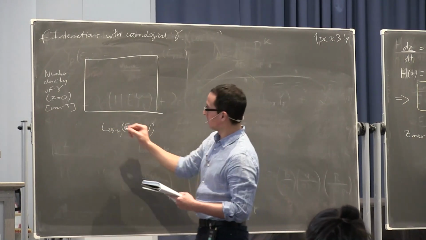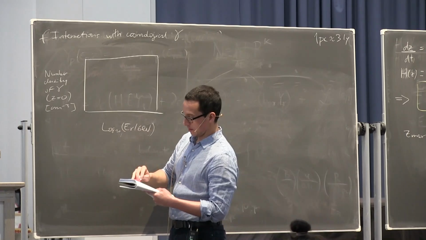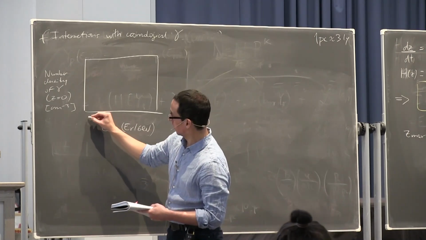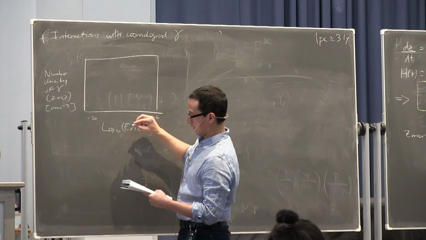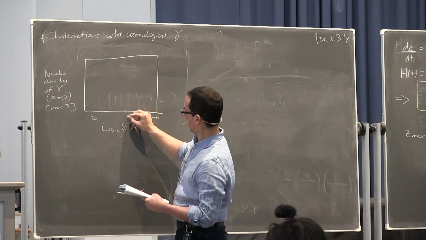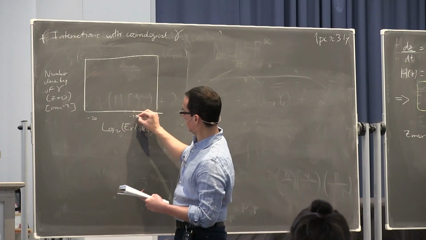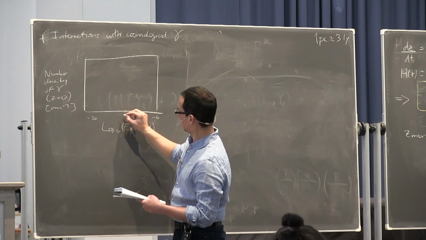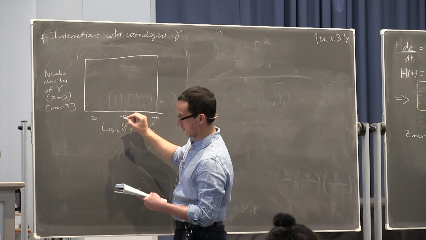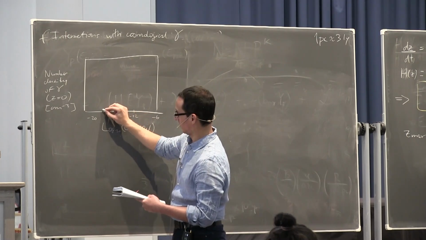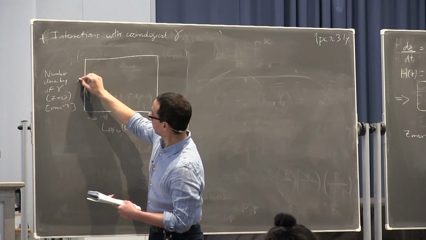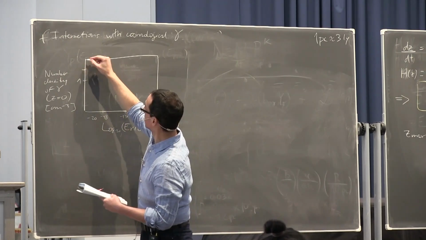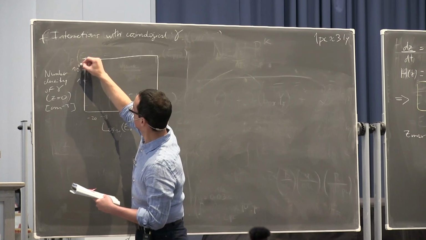For the CMB, let me see if I can get the scales right. This is like minus 20, this is like minus 6. This should be like minus 12. Apologies that I don't draw every tick, but that is beyond my artistic capacities. This is 1, this is 100, and this is 1,000.